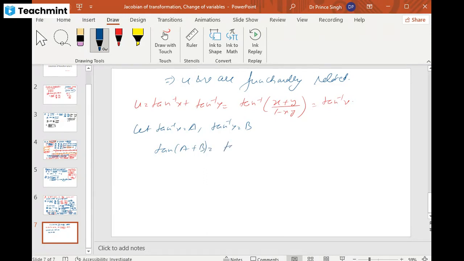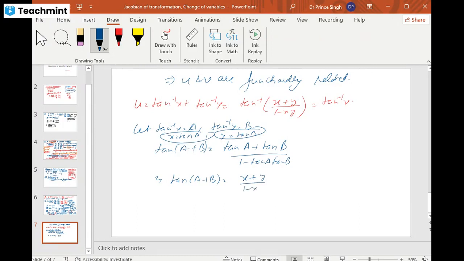Here we use the formula: tan of (a plus b) is (tan a plus tan b) upon (1 minus tan a into tan b). Tan a is x and tan b is y.